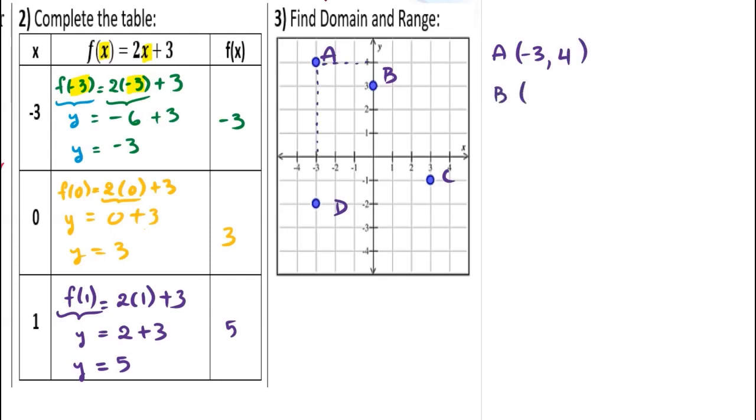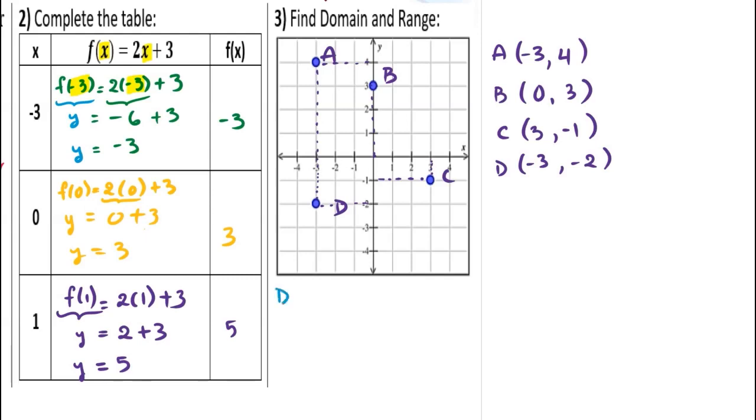B has x value 0 and y value 3, so (0, 3). Point C has x value 3 and y value -1. And point D is (-3, -2). Again, x value is -3, y value is -2.